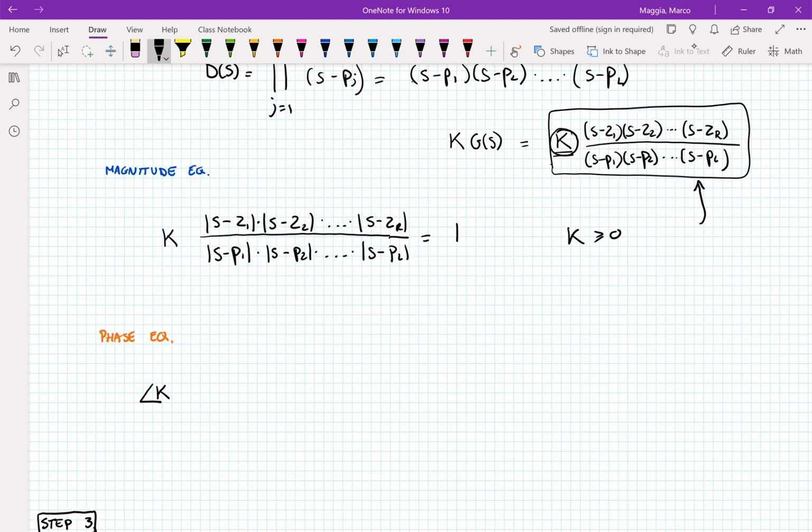So we're just going to use a plus sign now, because everything on the numerator is going to be added. You add the phase associated with the factors at the numerator. So you have the phase of S minus Z1 plus the phase of S minus Z2 plus, all the way to the phase of S minus ZR.